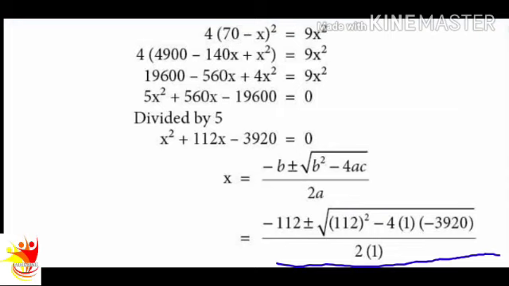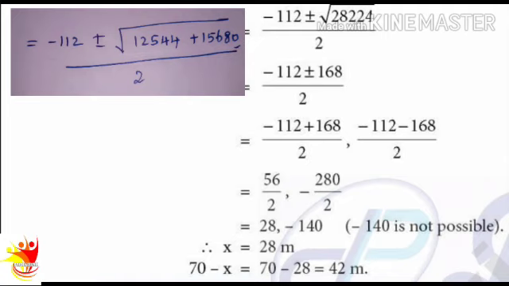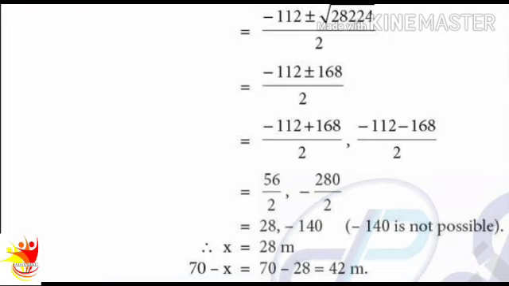B value is 112, so minus 112 plus or minus root of 112 the whole square minus 4 into a value 1, c value minus 3920, divided by 2 into a value 1. Equals minus 112 plus or minus root of 112 square is 12544 plus 4 into 3920 that equals 15680, giving 28224, divided by 2.